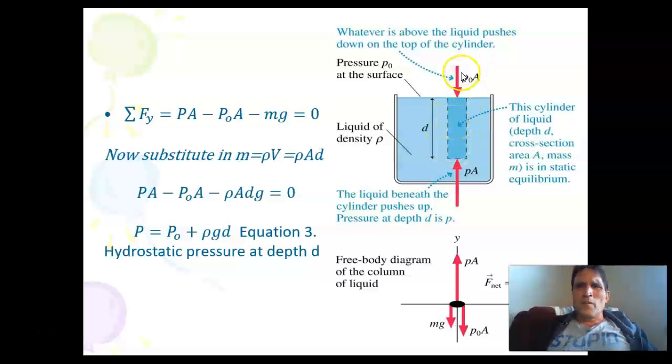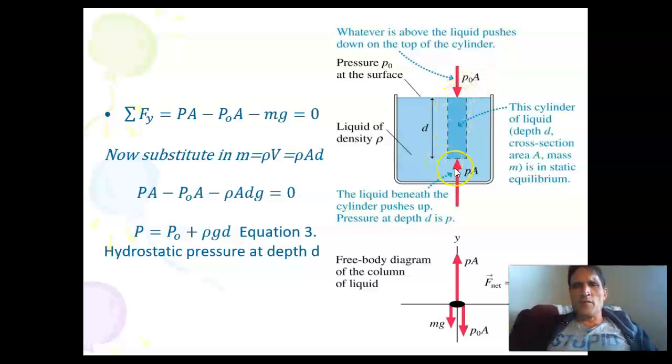So at the top of the fluid, there's a force pushing down, which is pressure times area, and that pressure is due to whatever the air pressure is, or whatever the pressure is at the top of the fluid, and we denote that as P0. If the fluid is open to air, this is just atmospheric pressure times area, and that's the force exerted on the top of the fluid.